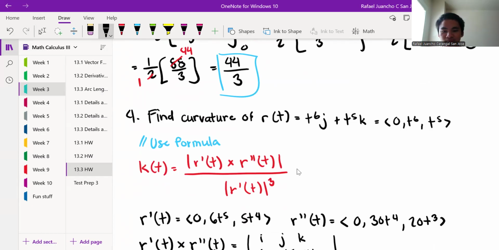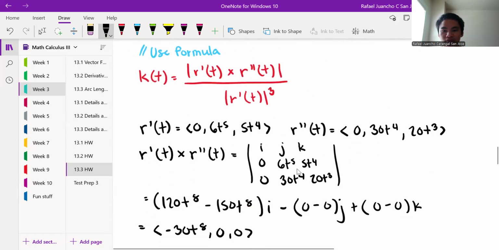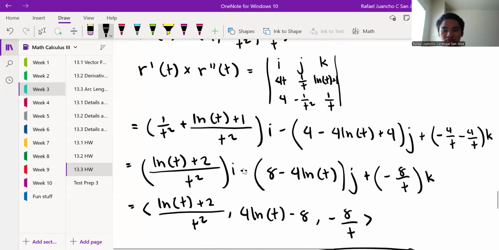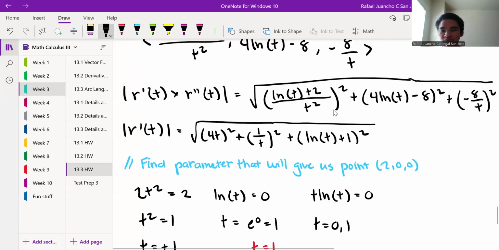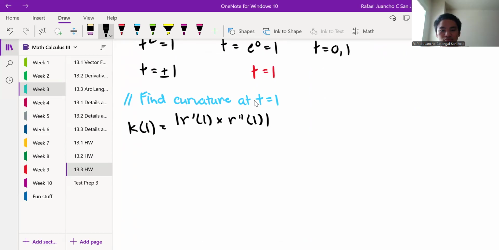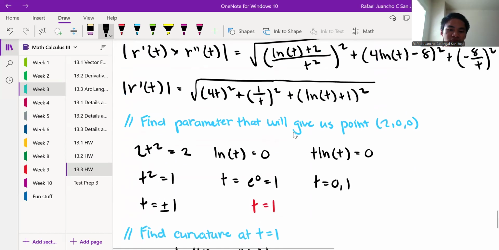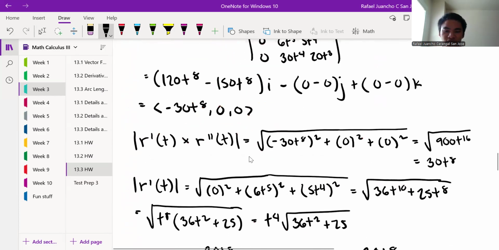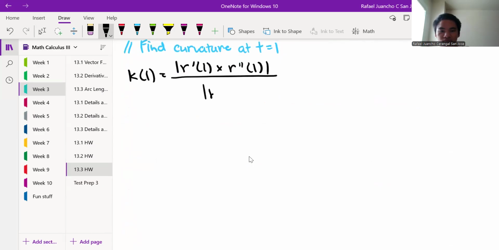And then we do this thing, the magnitude, we put ones in there, see what happens. Then we get that all over r prime, the magnitude of that, and we cube it. And this should give me some number.